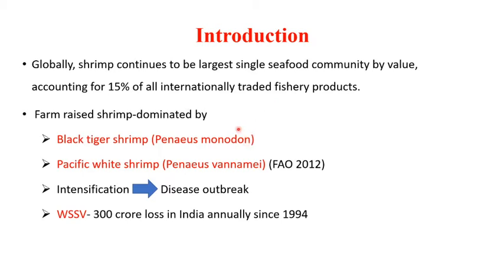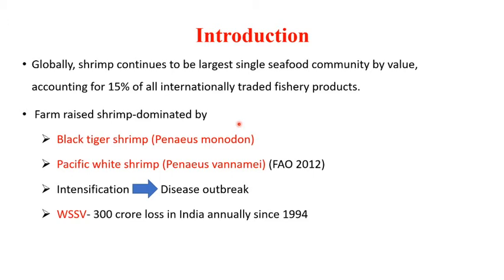India is blessed with a long coastline of over 8,000 kilometers, providing immense scope for both brackish water and freshwater aquaculture. Aquaculture in India contributes significantly to people's development in terms of livelihood, food security, employment, and trade.